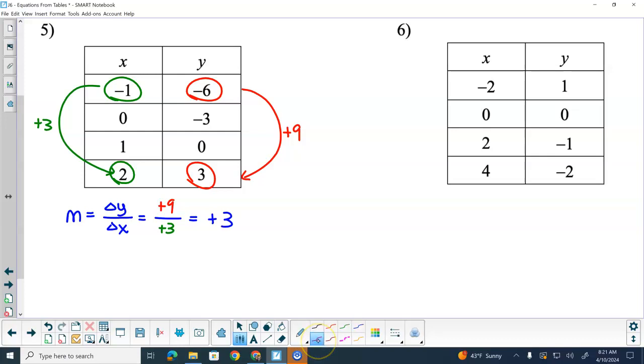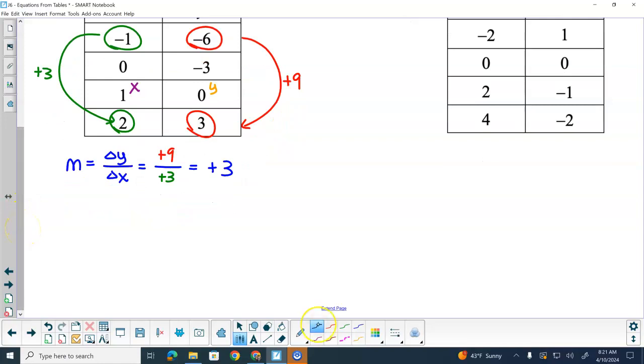So this is going to be your x value, and this is going to be your y value. Now, let me scroll down just a little bit. We're going to use y equals mx plus b, with my y value being 0, my m value being 3, my x value being 1, and plus b.